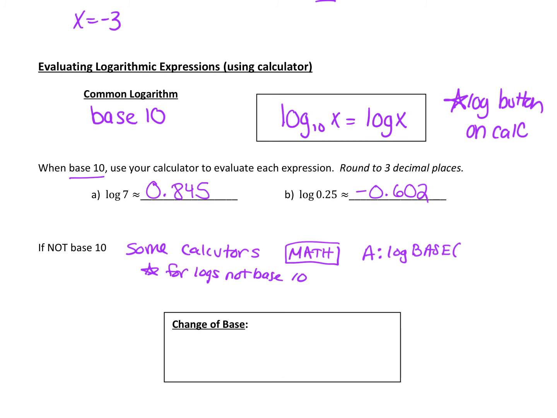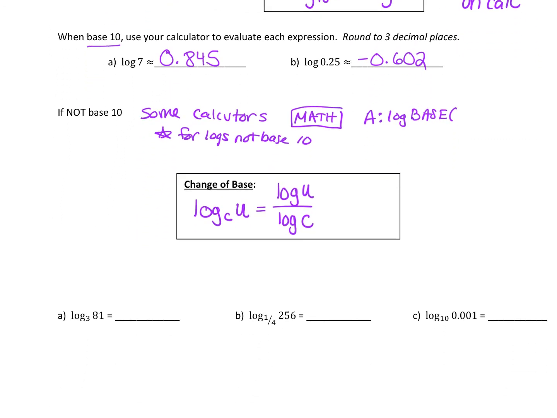But let's say we have log base C of U. If we want to do that in the calculator, you have to do log base 10 of U over log base 10 of C. And that is how we would do change of base with our calculator.